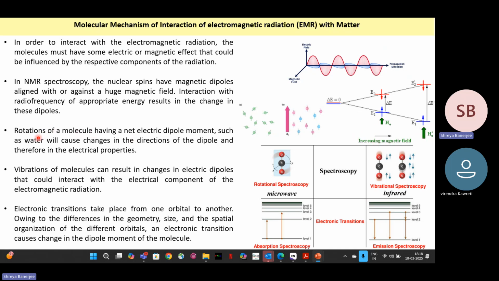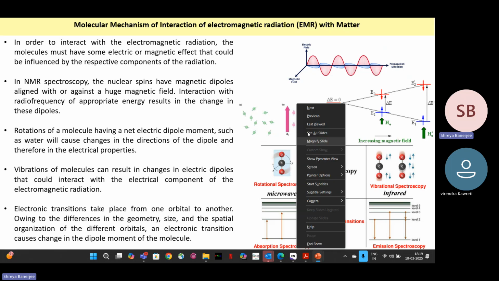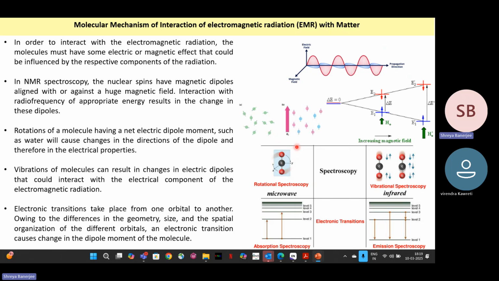Now, in the case of rotation of a molecule which has a net electric dipole moment, imagine this CO2 molecule which is rotating. In order to study this rotation of the molecule, we use microwave spectroscopy. Now, in the case of vibration, the bonds are vibrating.